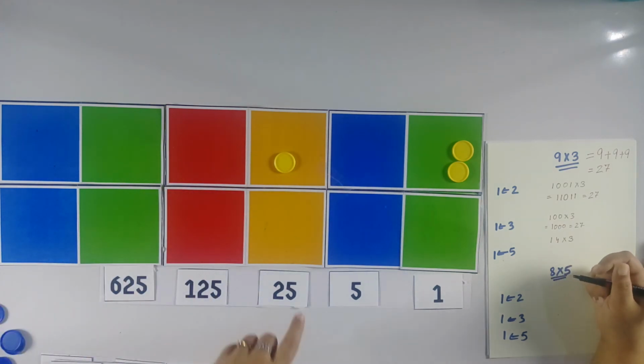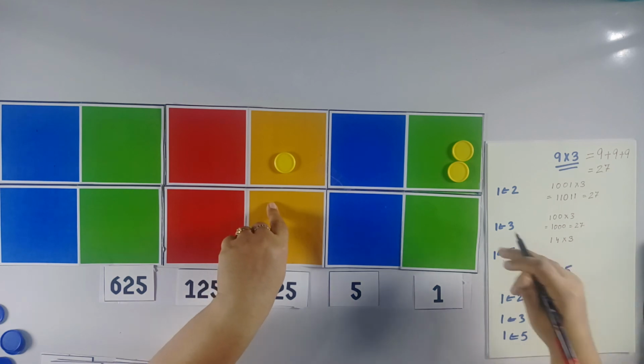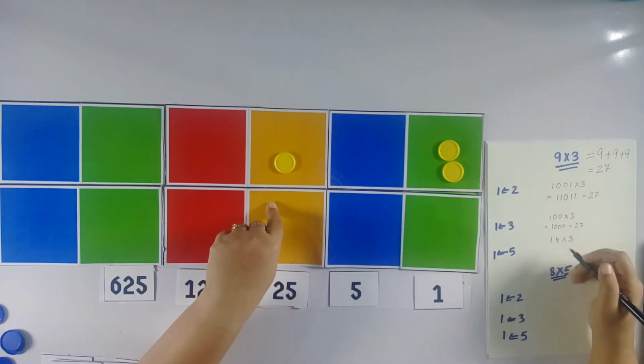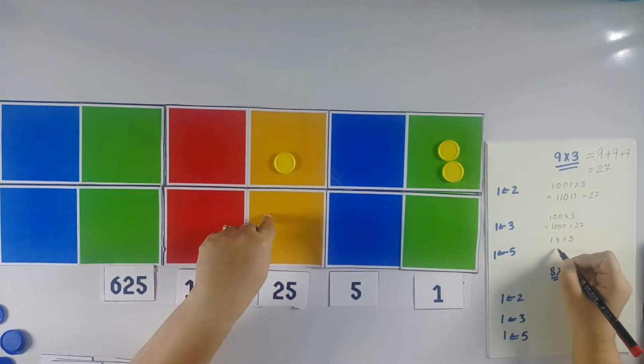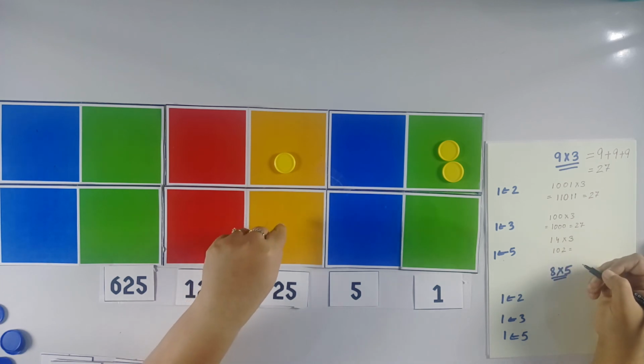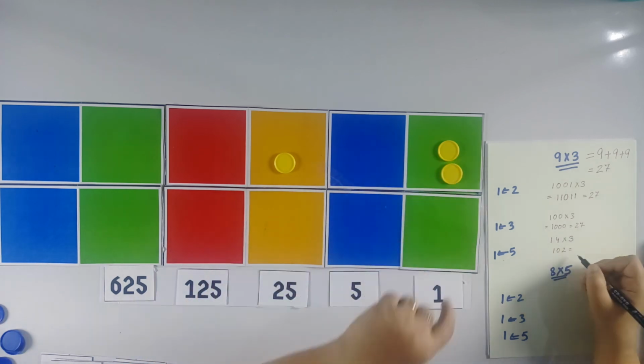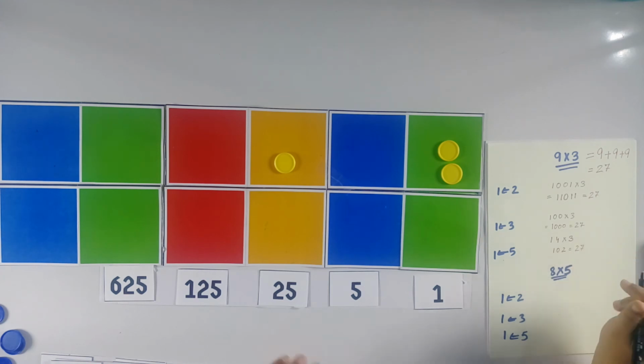Okay, and what's my code? So I have 1 coin of 25 and 2 coins of 1, which makes the code 102, which is the same as 25, 26 and 27. And it's fair enough, we have the same multiplication happening in the same way but with different representations in machines other than the 10-1 machine.